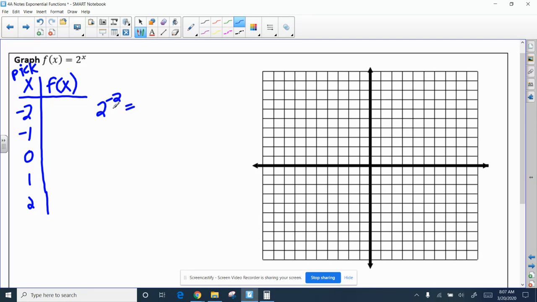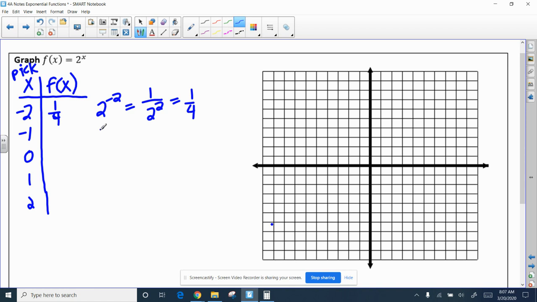So to evaluate this, I say jump the line and switch the sign. So this is going to jump to the bottom of a fraction. We're going to have 1 over 2 to the +2 power. So jump the line and switch the sign. The 2 becomes positive. So 1 over 2 squared is 1 over 4. So when my input is -2, my output is 1/4.